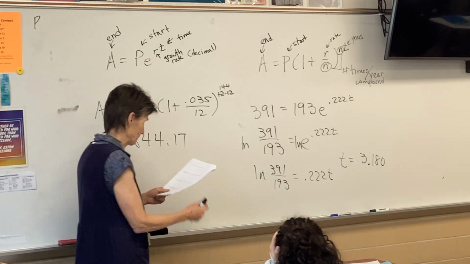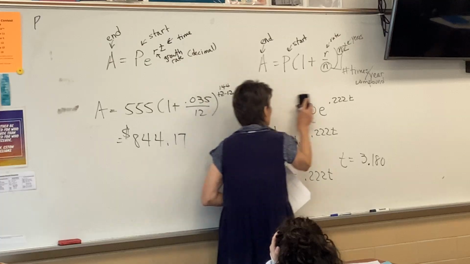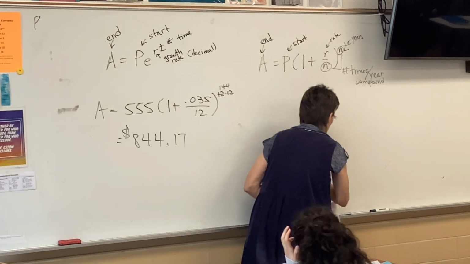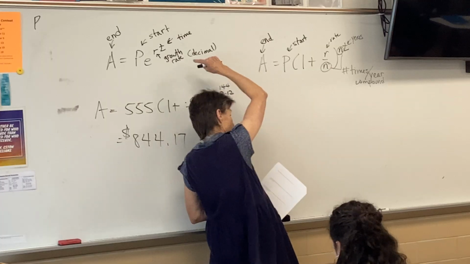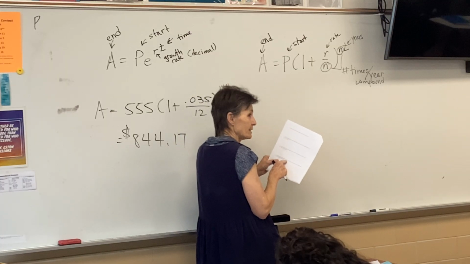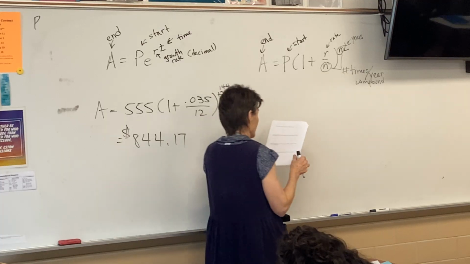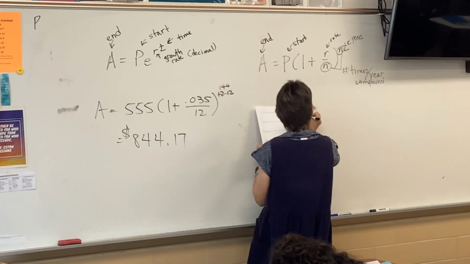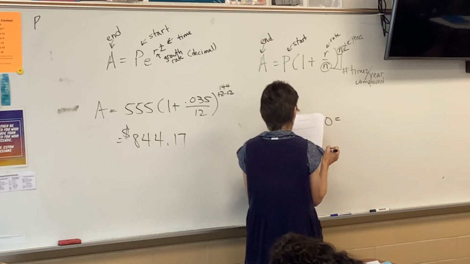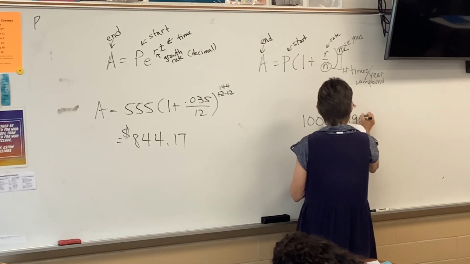Last one. Which formula for the last one? Right here, because in the problem I see compounded continuously. So I want to end up with 1,000. I start with 890.